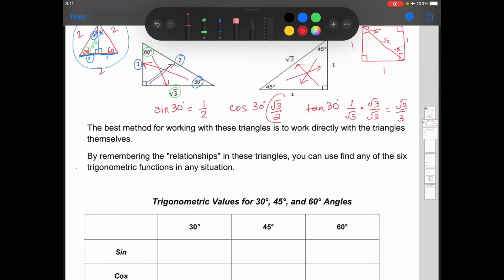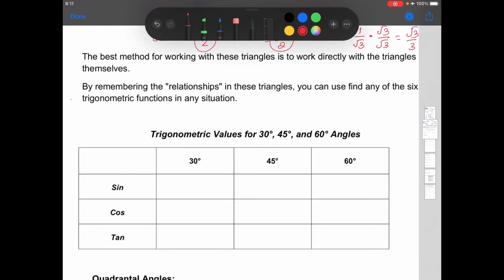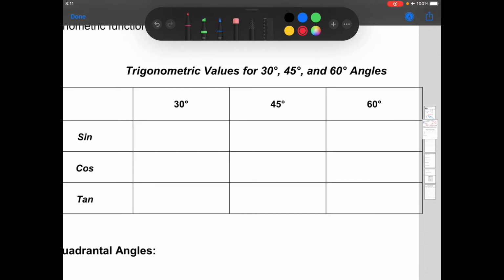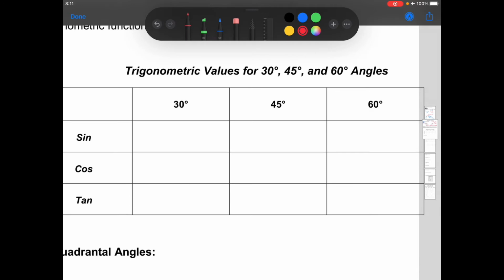You can come up with these values, which are called the exact values for these angles, from these triangles, or I'm going to teach you a trick right here. But then again, you have to remember the trick. So the trick is you write 1, 2, 3, and then backwards, 3, 2, 1. And divide each of them by 2.